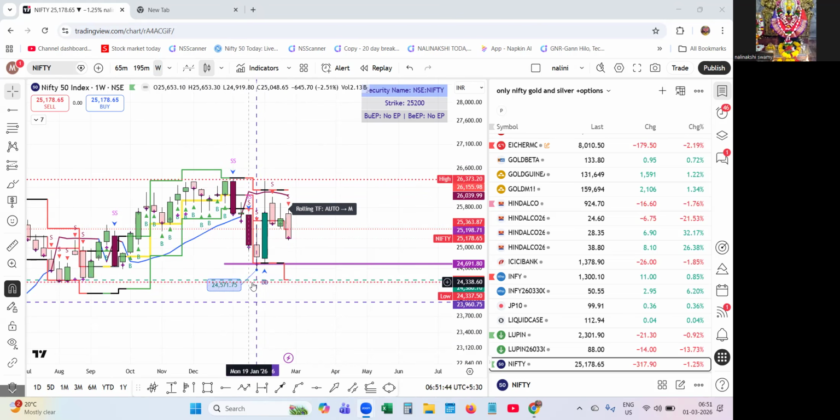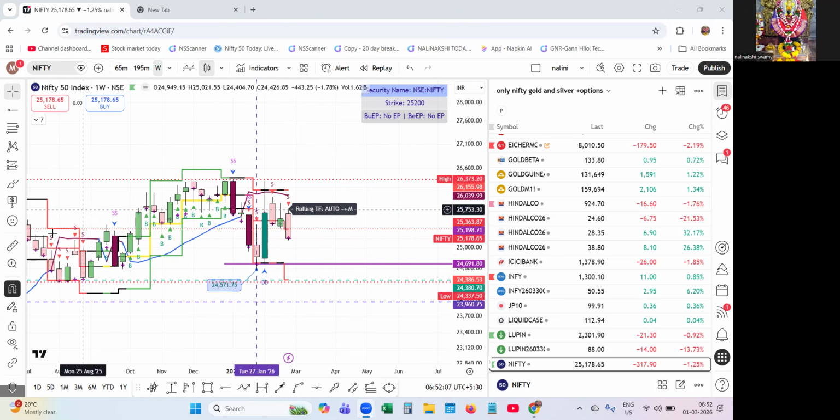This is the structure. Structure was weak. You can see when the price moved up, Gann HiLo never turned positive, and the trend has already turned negative on the weekly. The structure itself is telling it is weak.